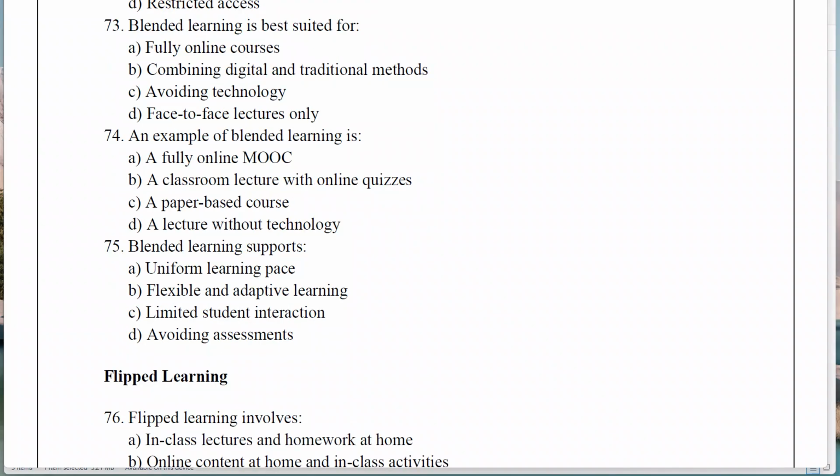Blended learning is best suited for combining digital and traditional methods. An example of blended learning is a classroom lecture with online quizzes. Blended learning supports flexible and adaptive learning.